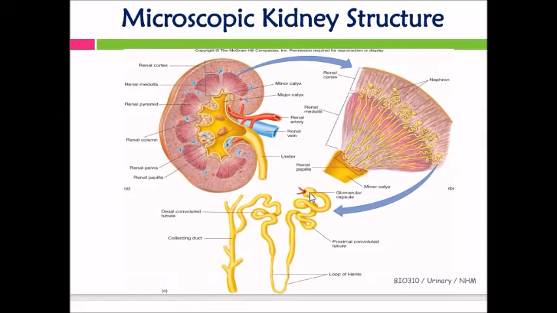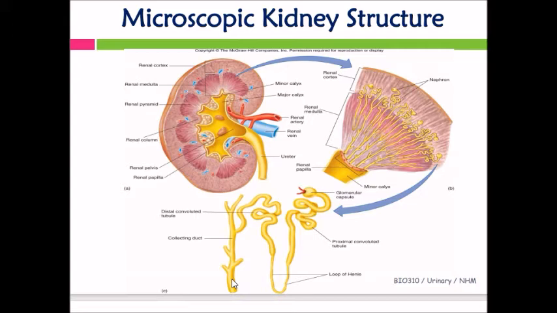Inside here there is the glomerulus, and then here is the proximal convoluted tubule, and then we have the loop of Henle, the distal convoluted tubule, and last but not least the collecting duct.